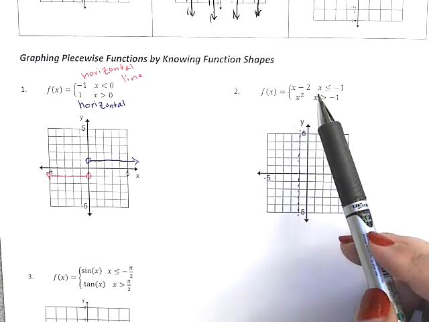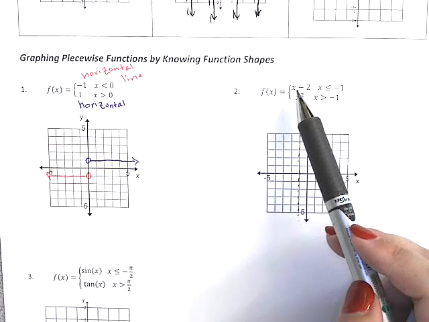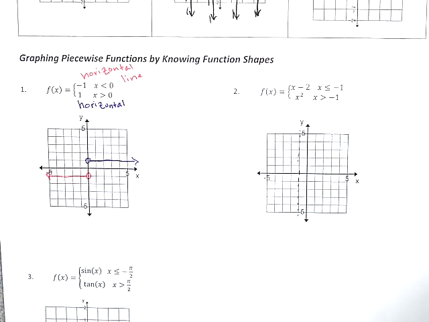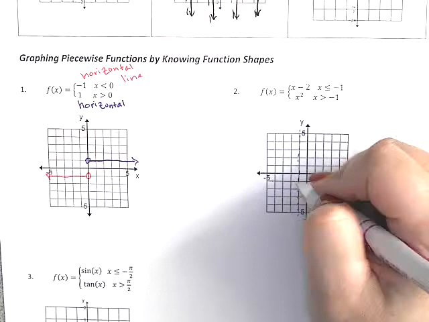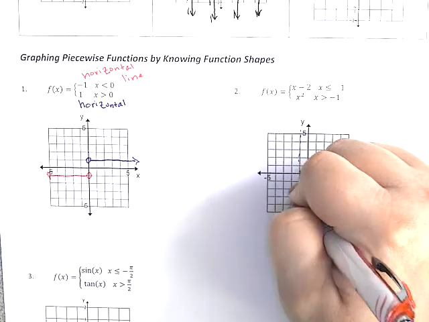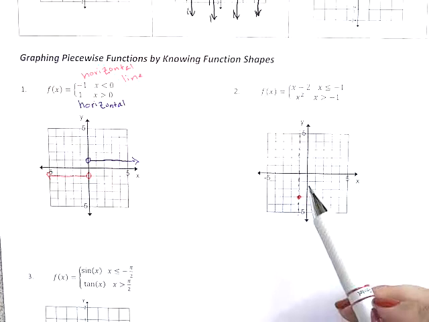All right, negative 1 is included in this function, the x minus 2, which we know is a line. So we're going to plug in negative 1. We get negative 3. So negative 1, negative 3 is going to be a closed circle because it's included.